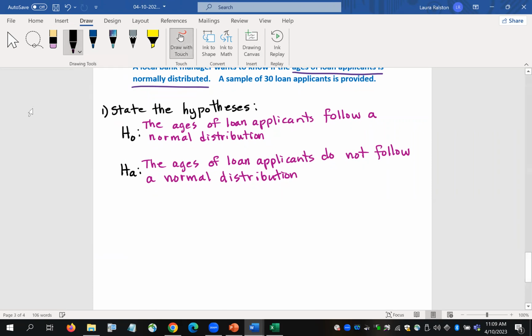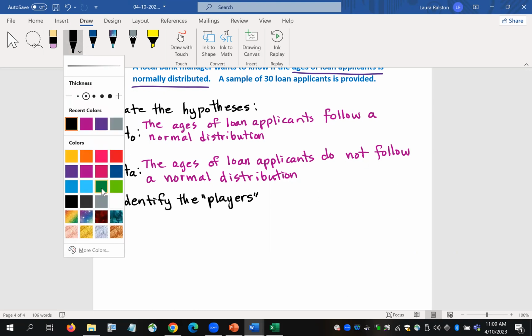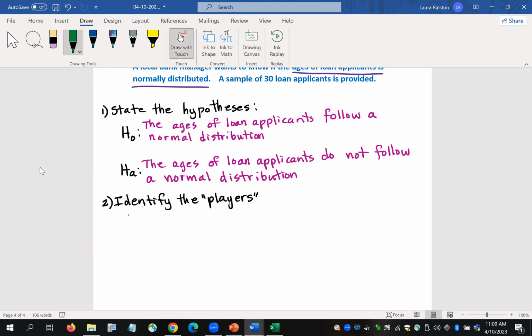Step 2 is to identify the players. Now again, for the test for normality, you need the raw data for the variable, which in this case would be the ages of loan applicants.